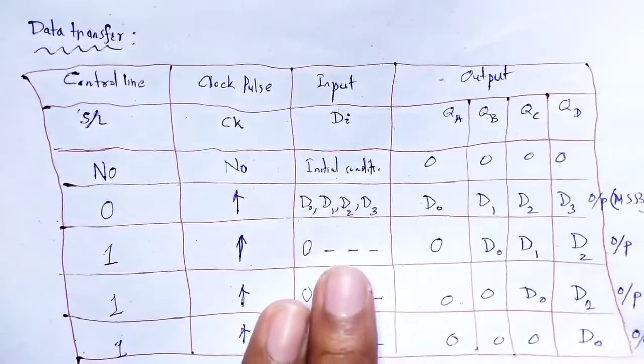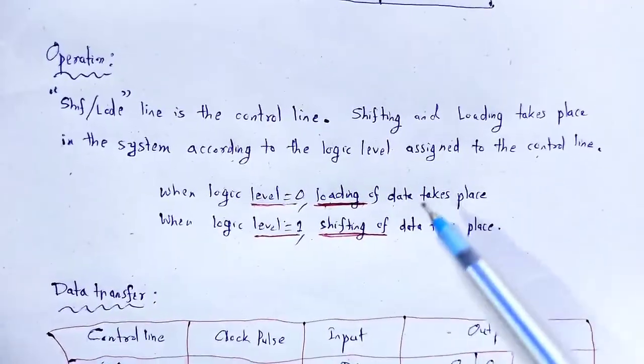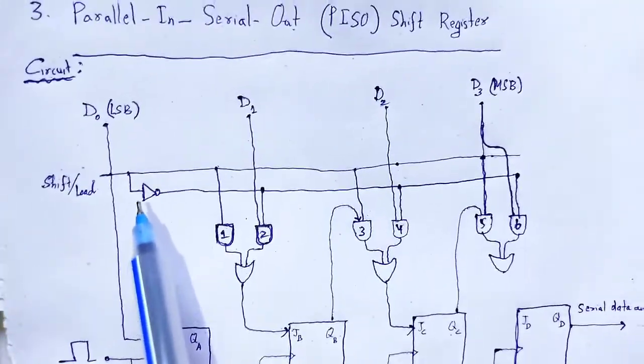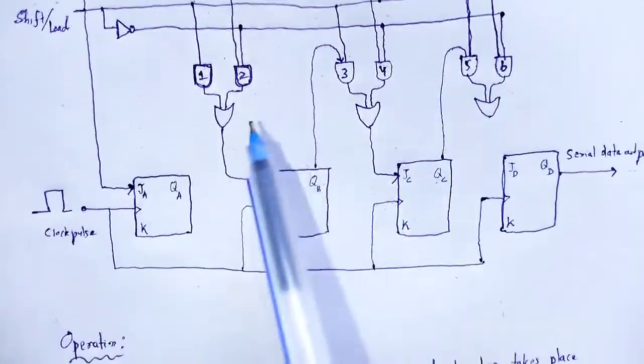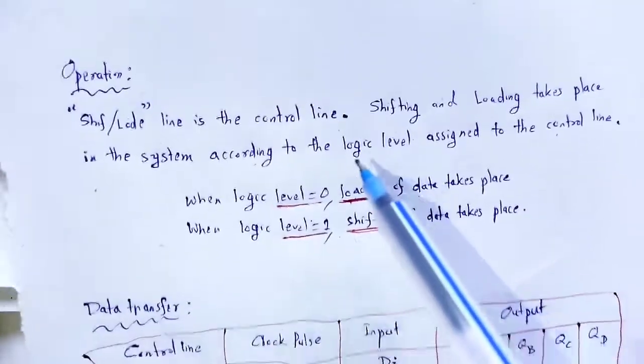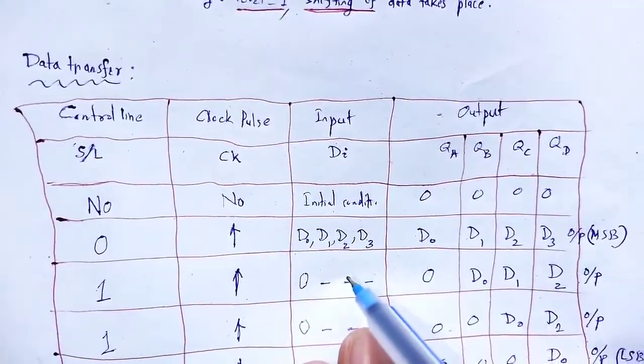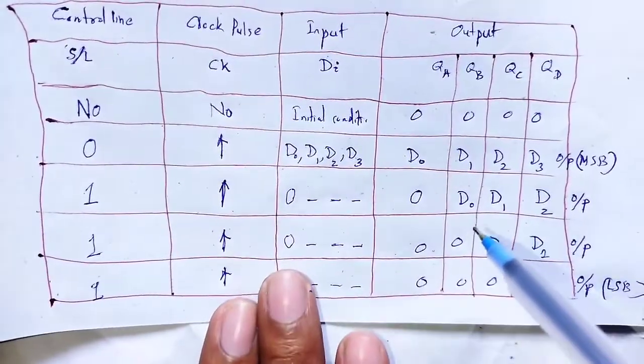So we obtain at output, by taking that parallel in, serial out shift register operation, the data transfer in parallel in, serial out shift register.